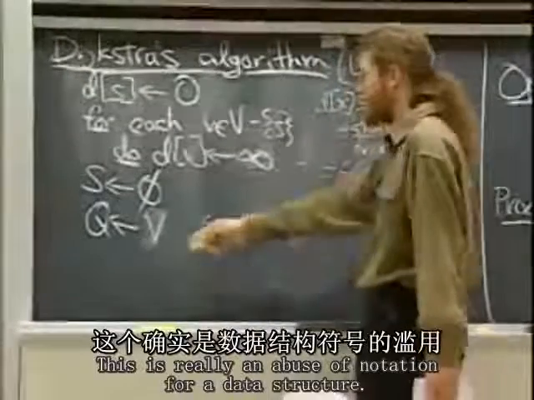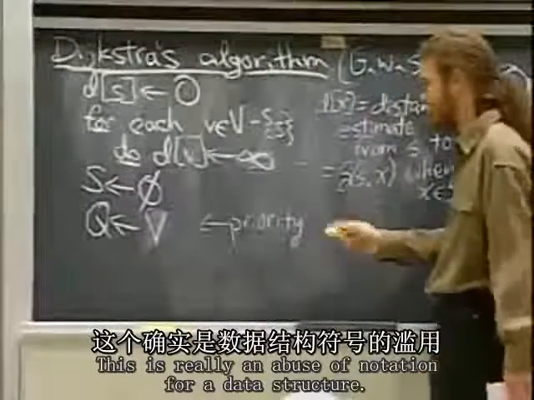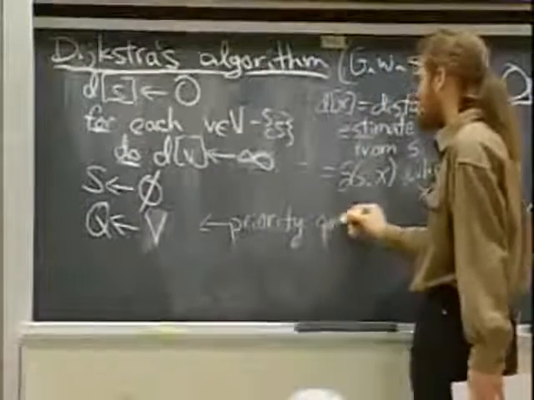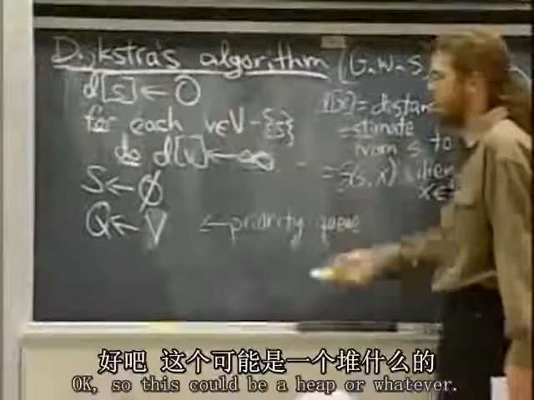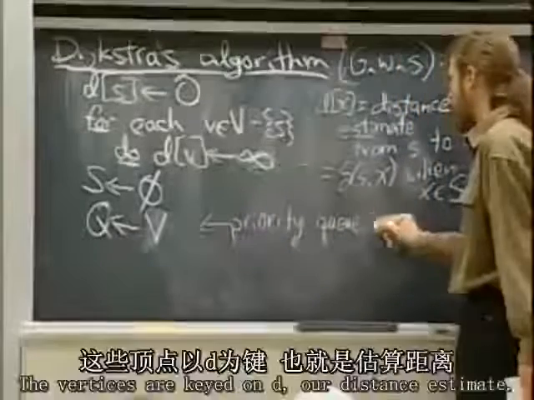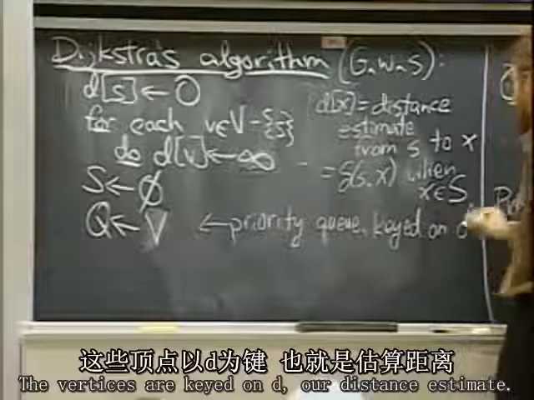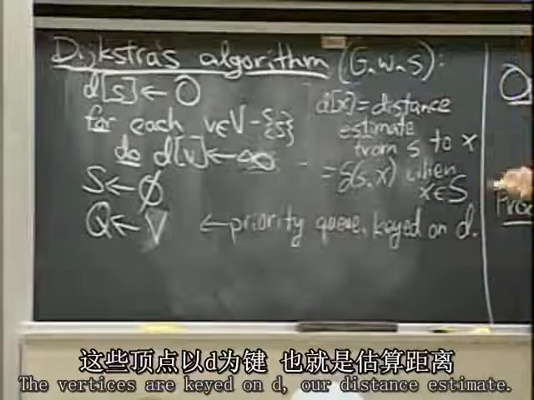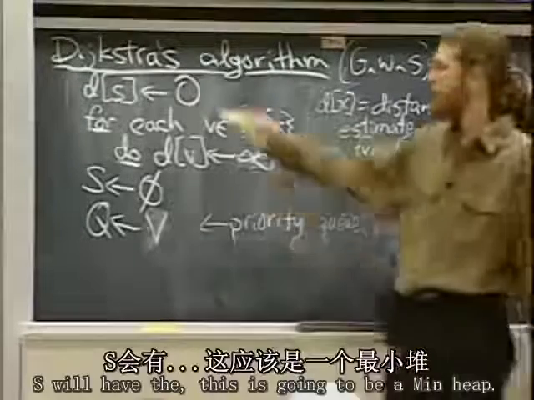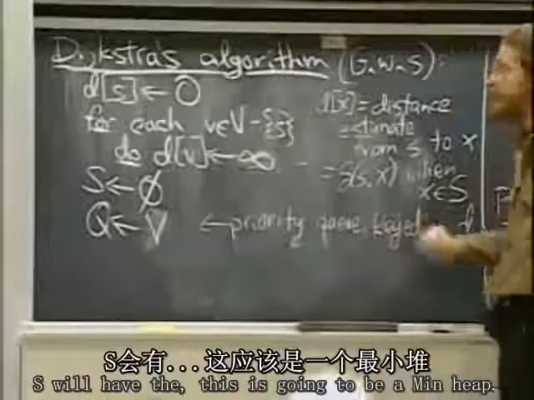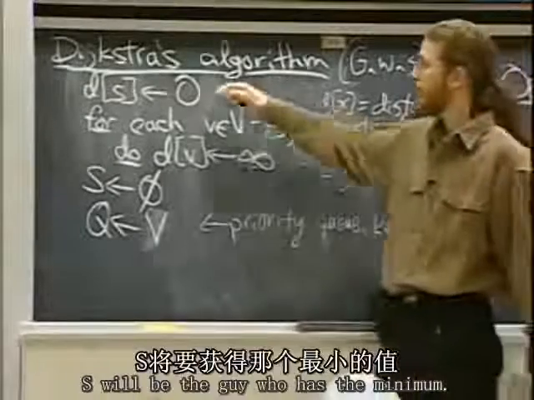This is really an abusive notation for a data structure. So this could be a heap or whatever. The vertices are keyed on d, our distance estimate. So in particular, this is going to be a min heap. S will be the one that has the minimum.